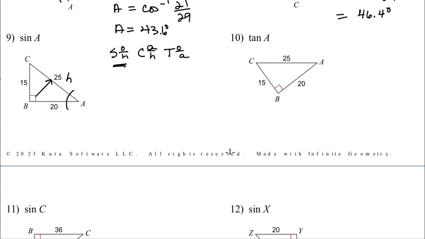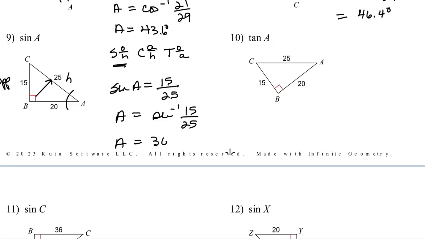Opposite is straight across the triangle. It's the 15. So the sine of A equals 15 over 25. Therefore, A itself is sine -1 of 15 over 25. And A, therefore, is 36.9 degrees.